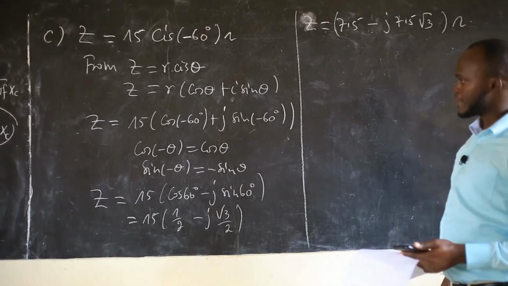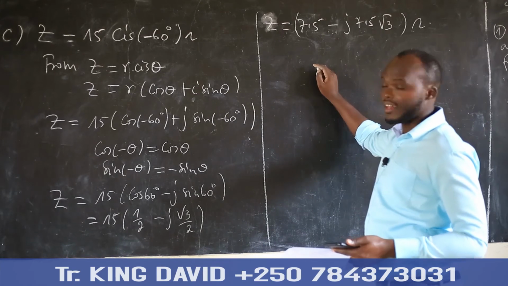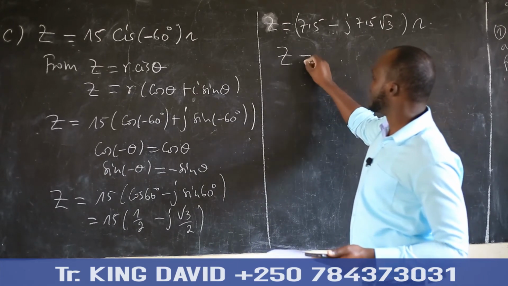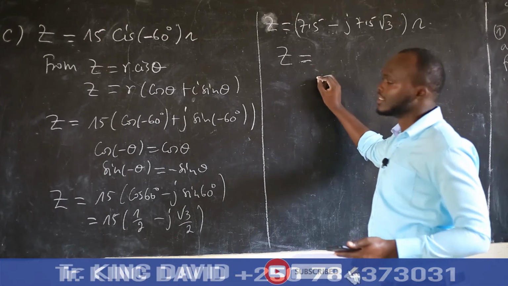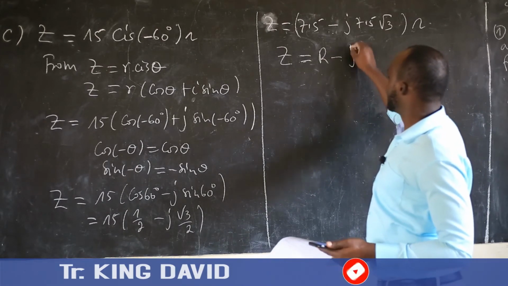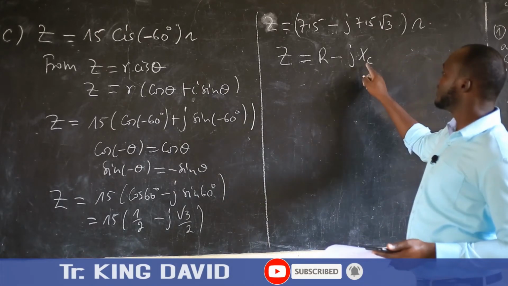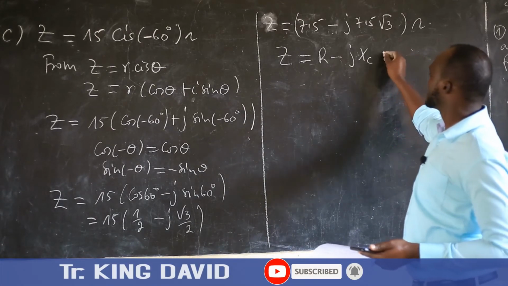That is our impedance. The question is to find, we have a negative there, so it means its formula is R minus jXC, meaning that you have capacitive reactance.